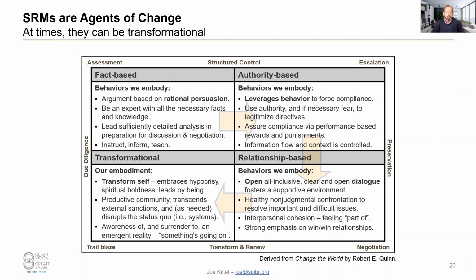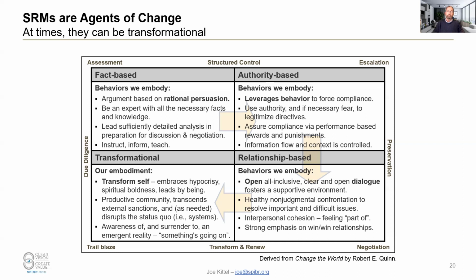Derived from a powerful book by a distinguished MBA professor at the University of Michigan, this table illustrates 4 modes of change: fact-based, authority-based, relationship-based, and transformational.